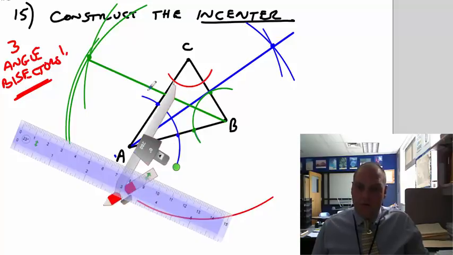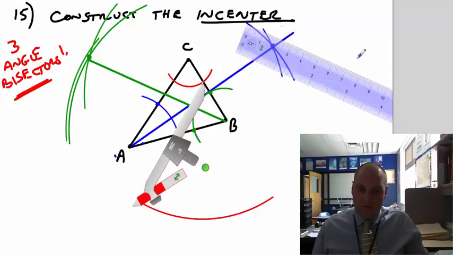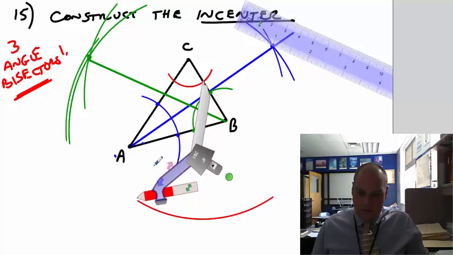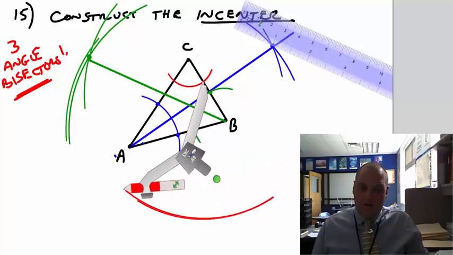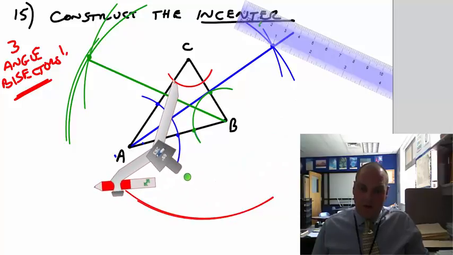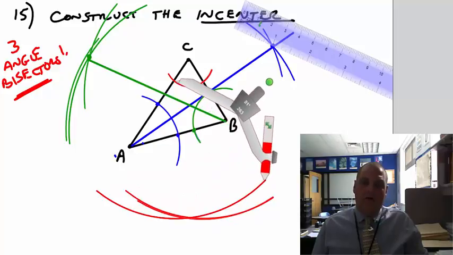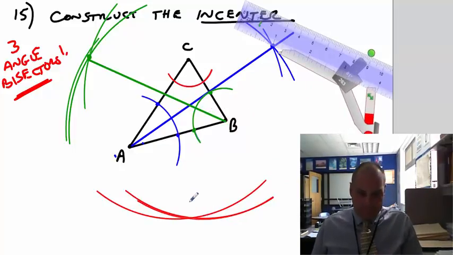Oh no, I opened it up though. So we've got to try that again. Got to make sure you don't change that. Close enough. Okay. And then from here, right there. There we go. And boom.